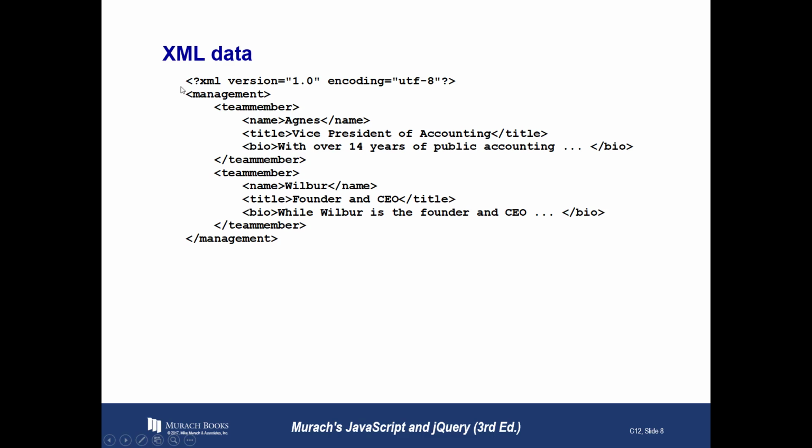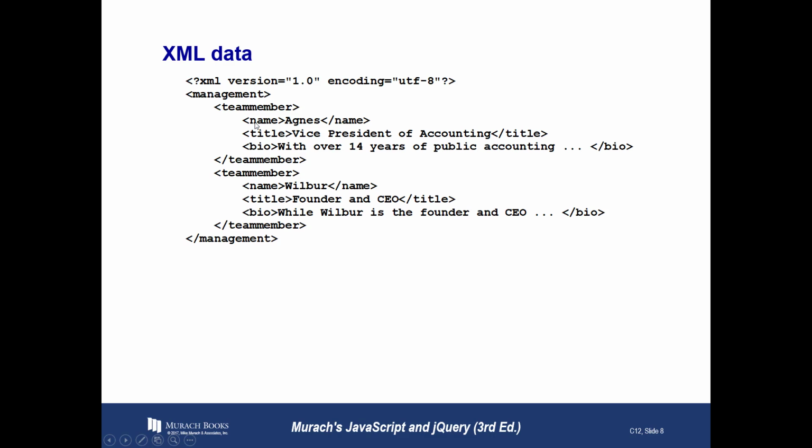This is XML data. It must start with the XML heading right here. You can see version 1.0. I believe that's the only version there ever was. Here is the encoding you're using, in this case Unicode. There's a beginning management and an ending management tag. Beginning team member, ending team member.